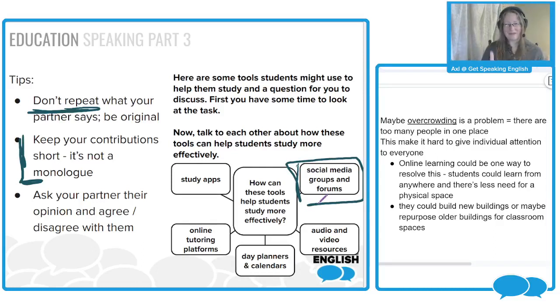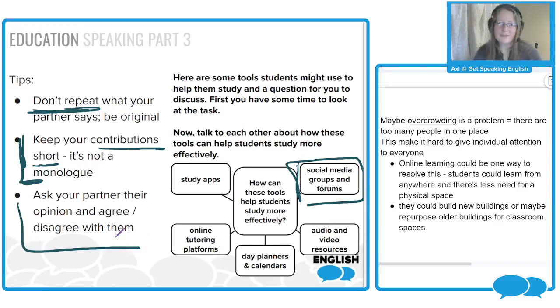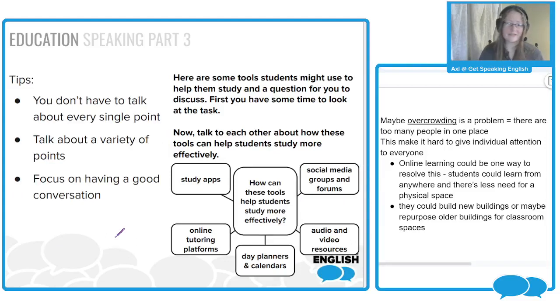They have a lot of great ideas about this, but they end up taking up a lot of time. We don't want to do that. We are being judged on our ability to have a conversation, so we're going to keep our contributions a bit short. It's not a monologue. And as always, ask your partner to agree or disagree, that sort of thing, all right?